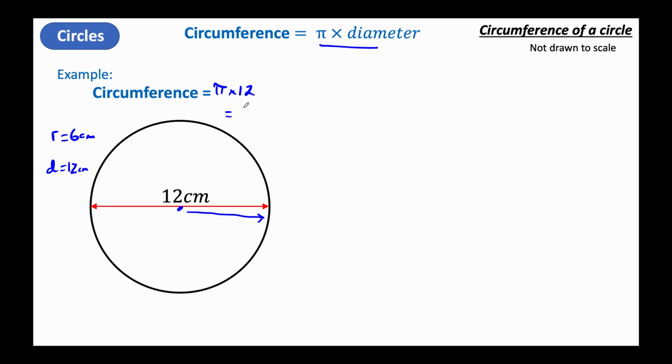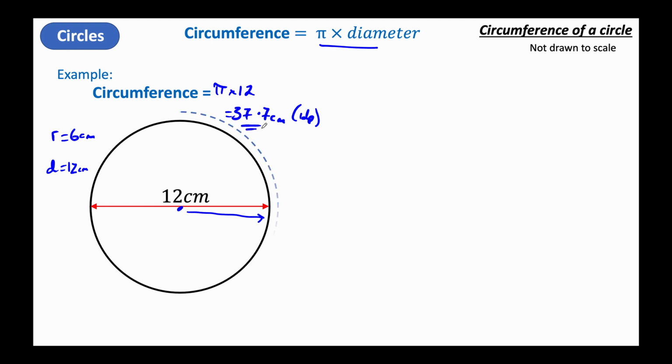And I'm going to round it to 1 decimal place. I reckon we'll do the rest of today to 1 decimal place. 37.7 centimeters, rounded to 1 dp. So that's it. Just pi times diameter.